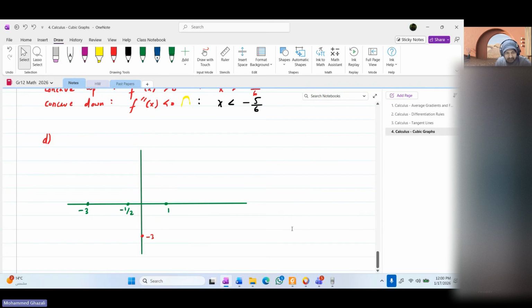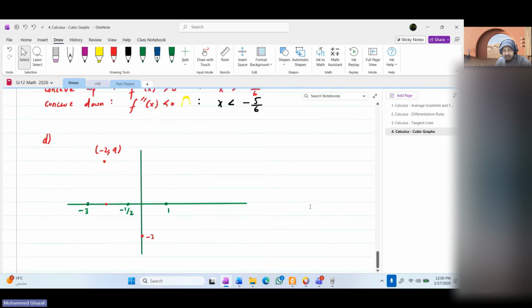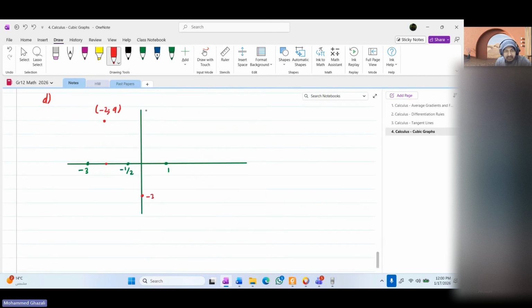We had another turning point at 1/3 and -3.7. So 1/3 and -3.7 will just be down over here, right?